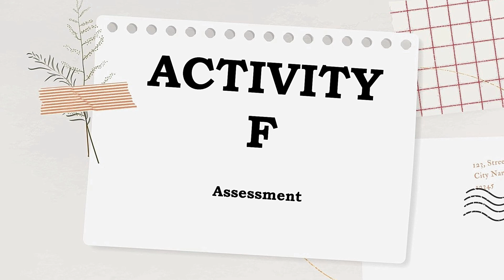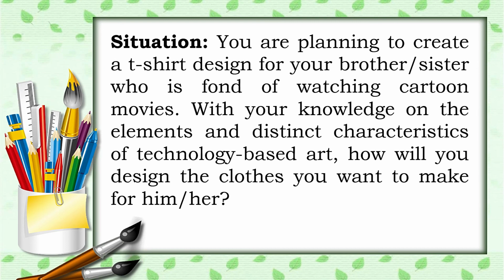And for our assessment, we have activity F. Kindly focus on the presentation. This is the instruction. Situation. You are planning to create a t-shirt design for your brother or sister who is fond of watching cartoon movies. With your knowledge on the elements and distinct characteristics of technology-based art, how will you design the clothes you want to make for him or her?